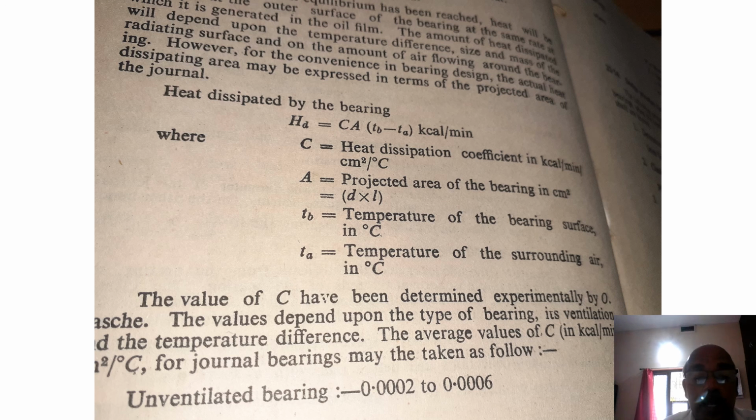C is expressed as the heat dissipation coefficient. It is maybe equivalent to our Cp, and A is the projected area. TB and TA are the bearing surface temperature and the surrounding temperature, ambient temperature or atmospheric temperature, that you have to segregate. If it is exposed to atmosphere, nothing wrong. Ambient temperature and atmospheric temperature will be almost equal.